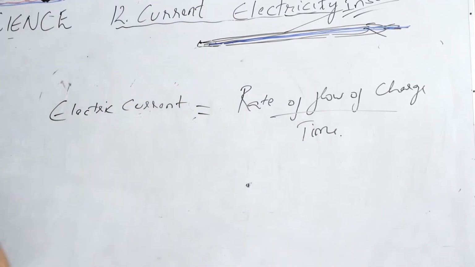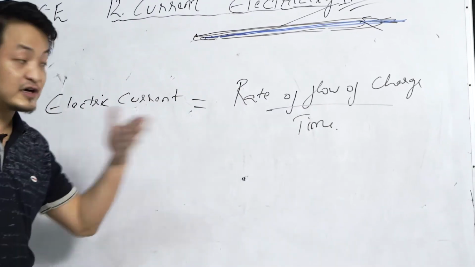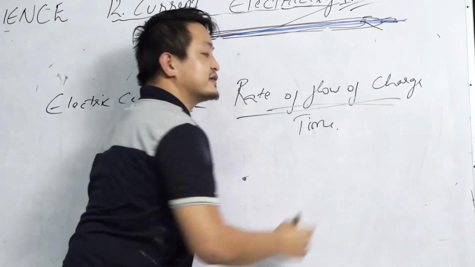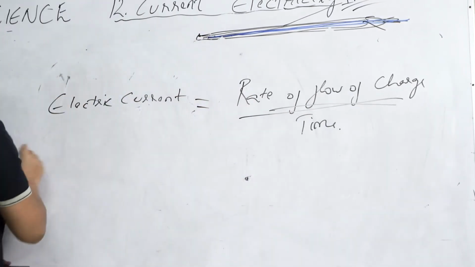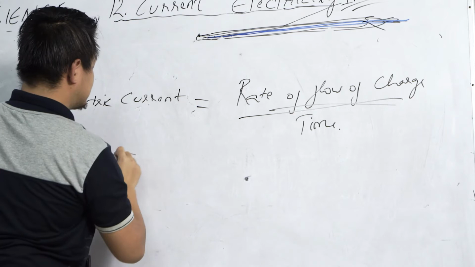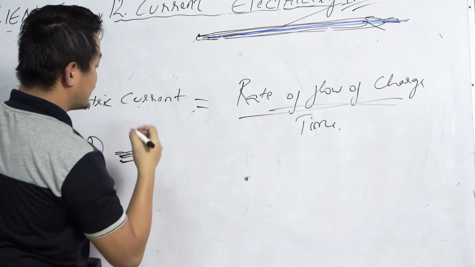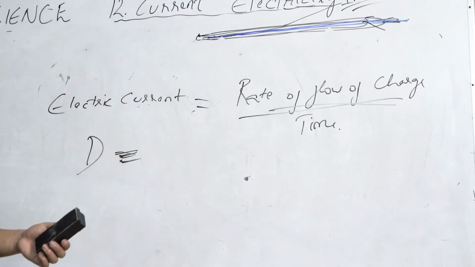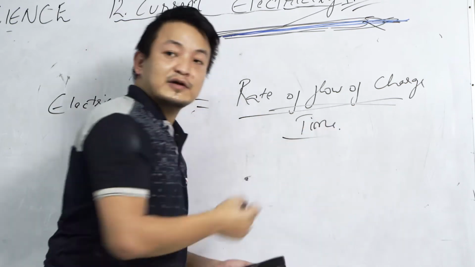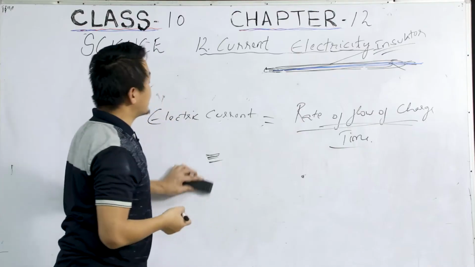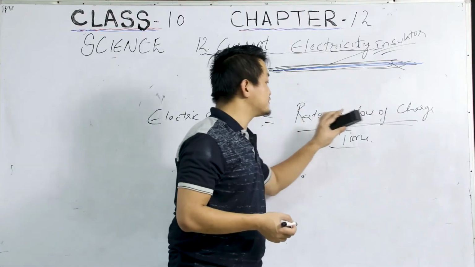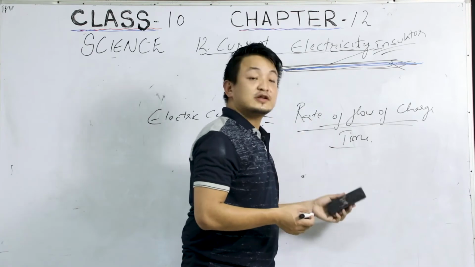How are we getting this electricity? Because of the flow of charge over time. Just as for speed we measure distance with time, even for electric current, it is the rate of flow of charge per unit time.